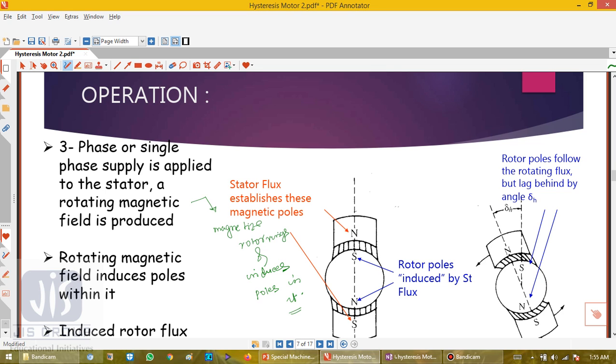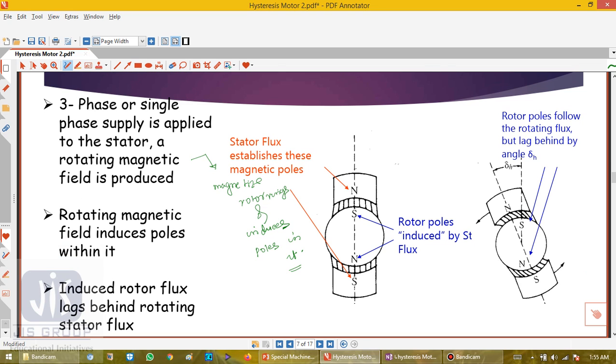A uniform cross-section rotor will inherently match the number of stator poles. That means if the rotor has a uniform cross-section, the number of rotor poles will become equal to the number of stator poles.